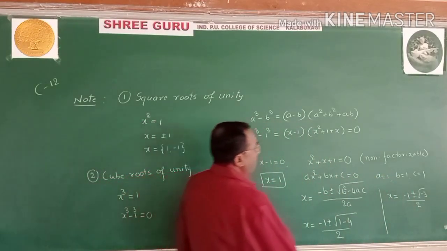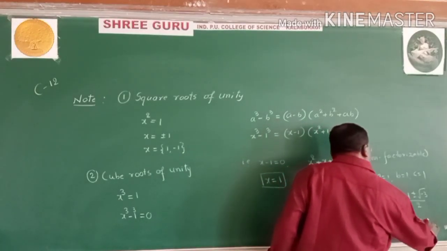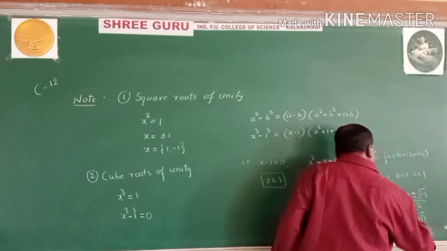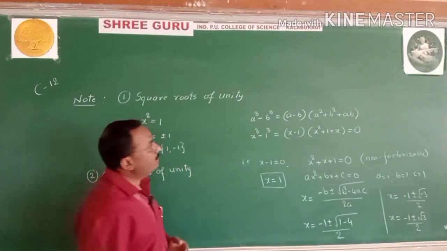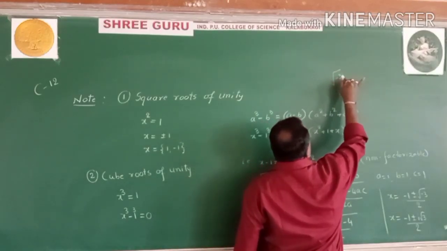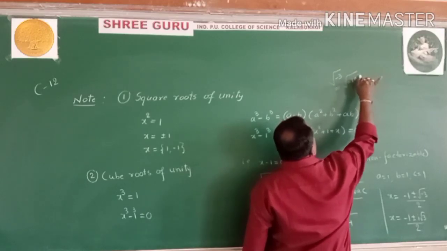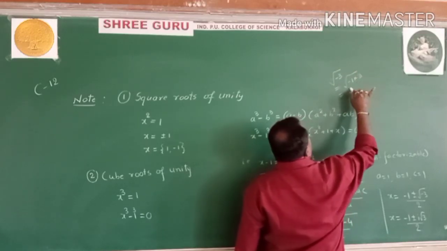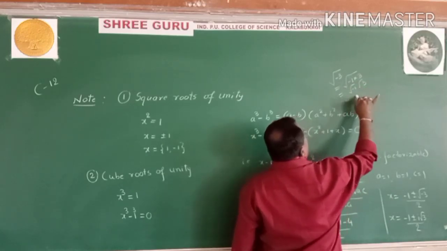Here x is equal to minus 1 plus or minus i root 3 divided by 2, because do you know, already studied, root of minus 3 can be written root of minus 1 into 3. Root of minus 1 value is what? i.